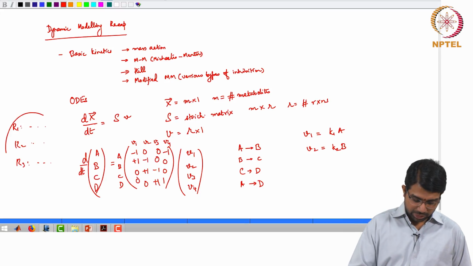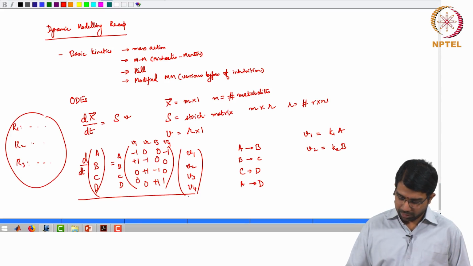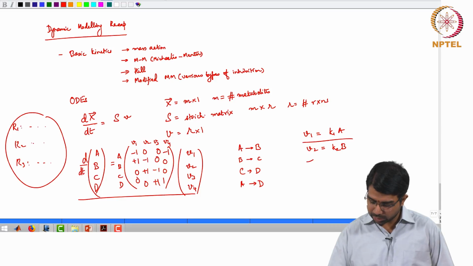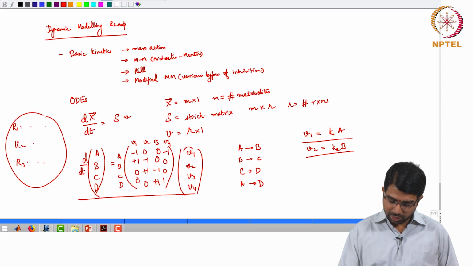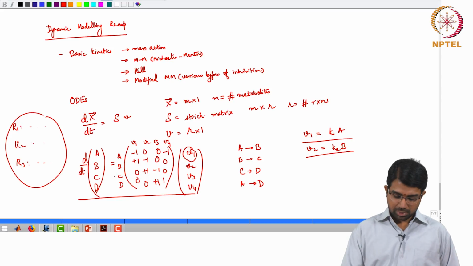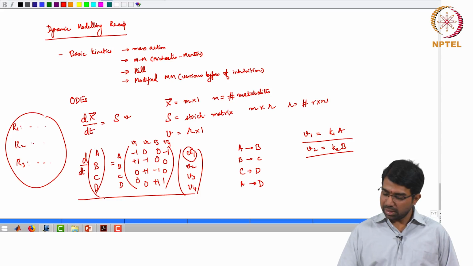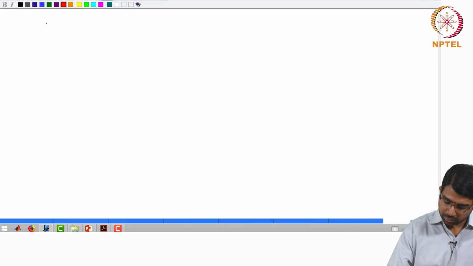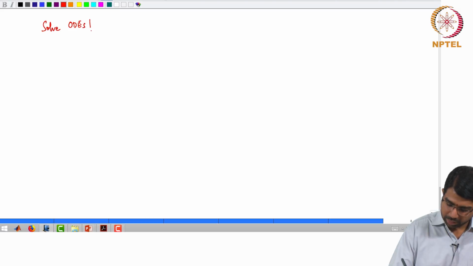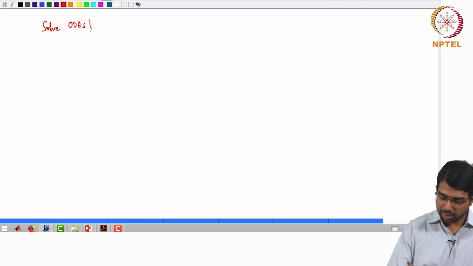You have a system of reactions, you write it out in this form, you then for each individual velocity you can compute it in this fashion and you stick all these back into your differential equations and then solve the ODEs. How do you solve them?